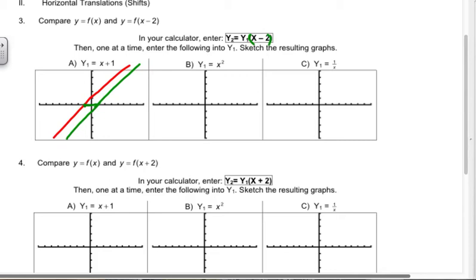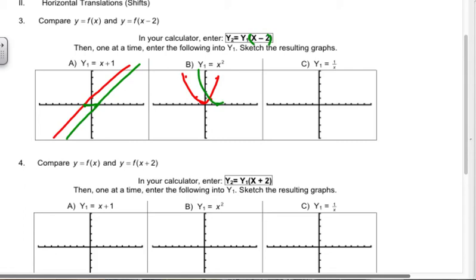And with lines, it's very difficult to tell a horizontal from a vertical shift. However, with parabolas, it's going to be pretty obvious because our parent function looks like this. We're going to move this thing 2 units to the right.